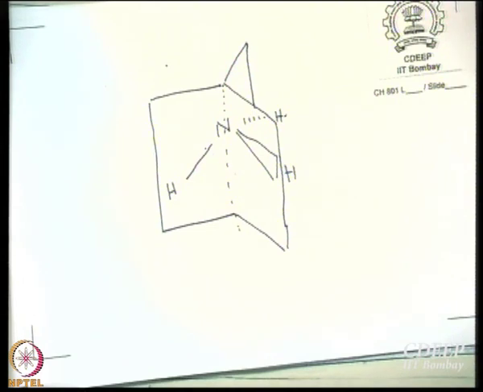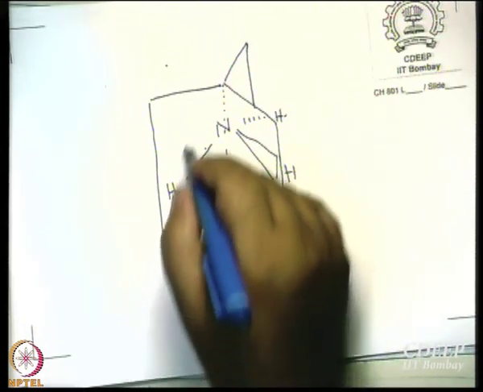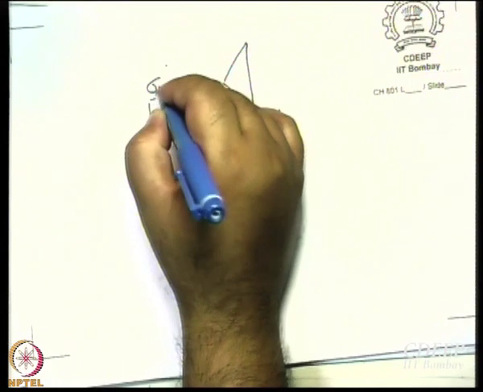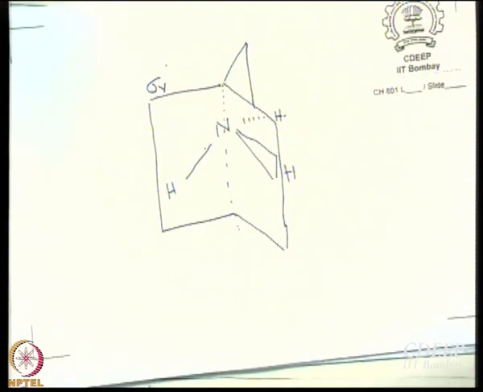Alright. Now see, what does each plane do? Let us take this one and call it sigma V. You agree that it is a vertical plane of symmetry, right? That it contains the principal axis of symmetry, the only axis of symmetry. What does that sigma V do to the atoms? Upon operation of sigma V, let us name them also.